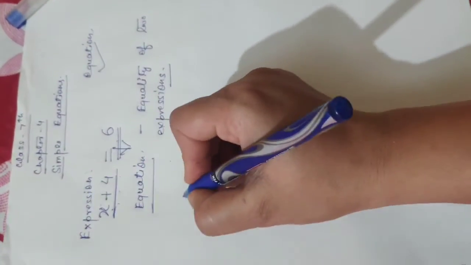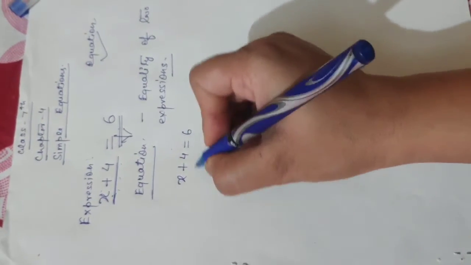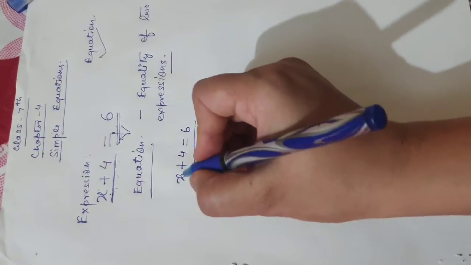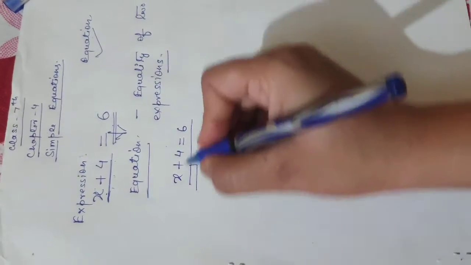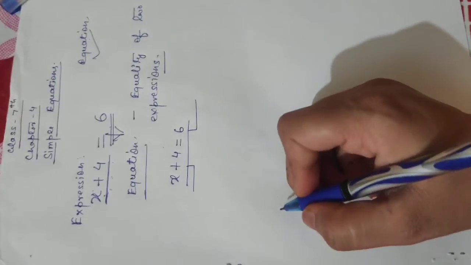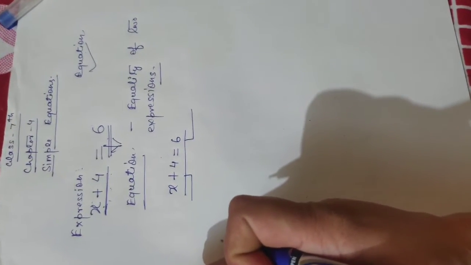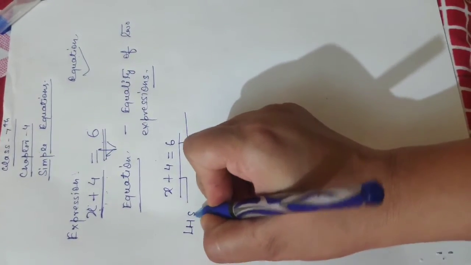Now again see the same equation. x plus 4 is equal to 6. If I am writing this equation, it has two parts. One is from the left side, one side of the equal sign, and one is of the other side of the equal sign. This side is in the side of your left hand, which is known as LHS.